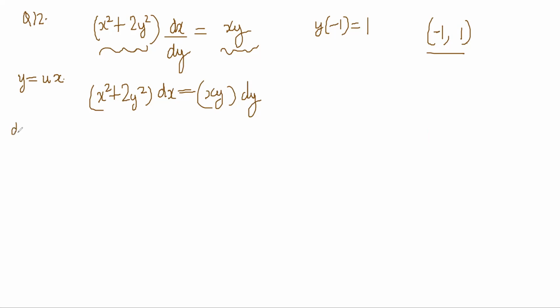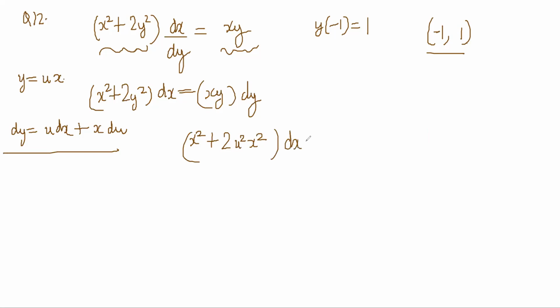I'll put dy is equal to u dx plus x du, and everywhere put x square plus 2 u square x square dx is equal to x into y, which is ux, and dy is u dx plus x du.